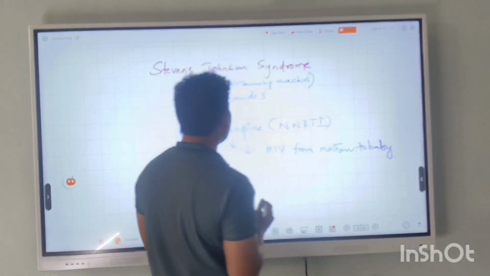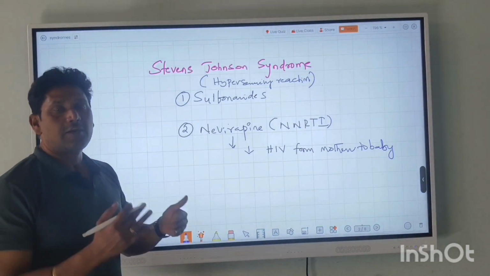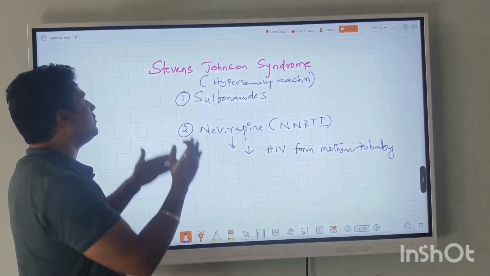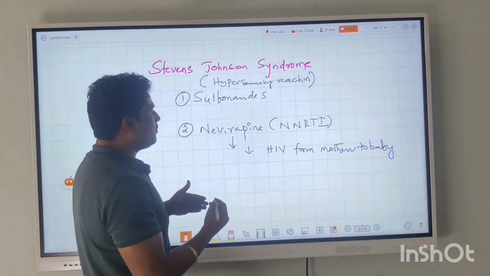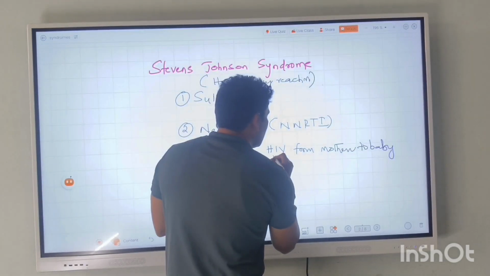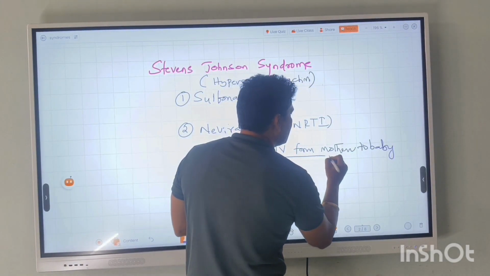This is the advantage of nevirapine, but the disadvantage is nevirapine causes hypersensitivity reactions, that is nothing but Stevens-Johnson syndrome.